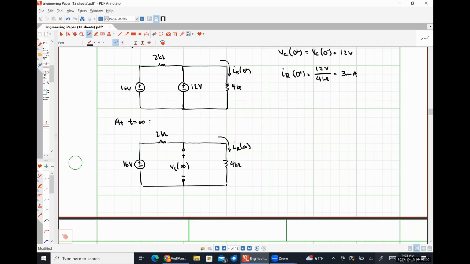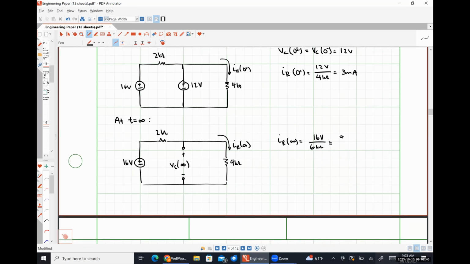So how would we find either VC or IR for this case? Yep. So IR at infinity is 16 volts divided by 6 kiloohms. So that is 8/3 of a milliamp.